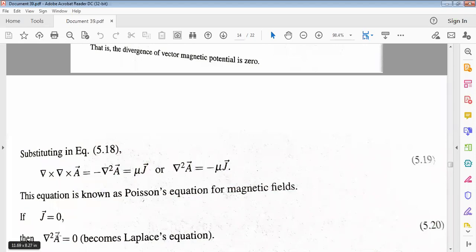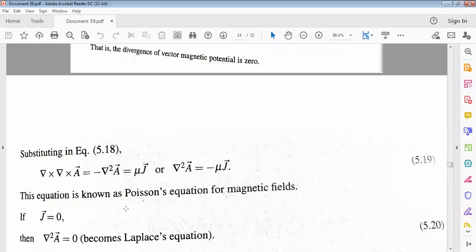If J equal to 0, then del square A equal to 0, which becomes the Laplace equation. Get it? How does the Poisson equation become the Laplace equation for magnetic fields? When del square A equal to minus mu into J, where J is the conduction current density, if for the material we consider the conduction current density is 0, then del square A becomes 0.